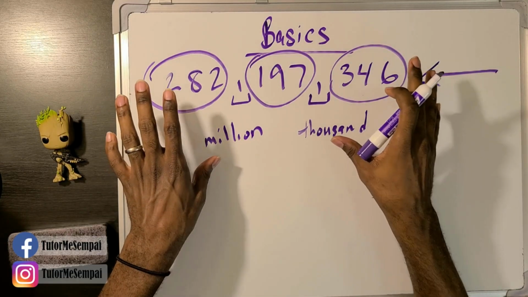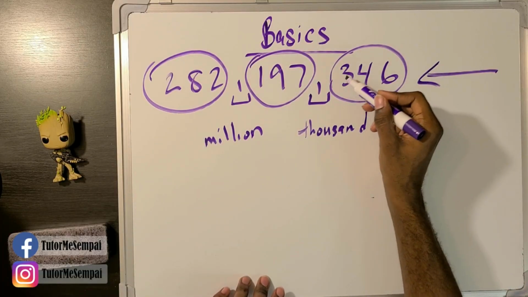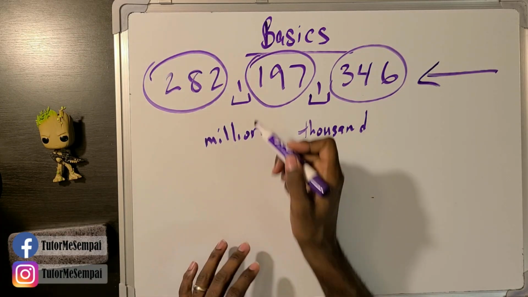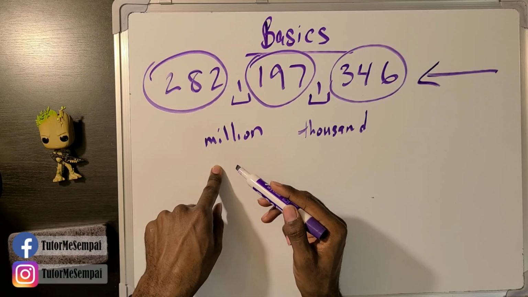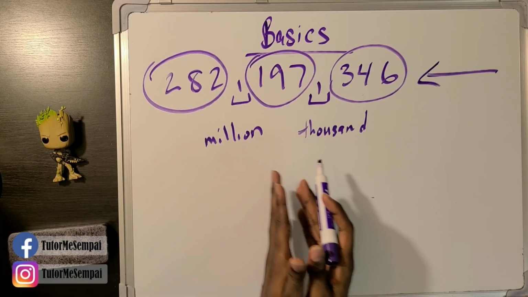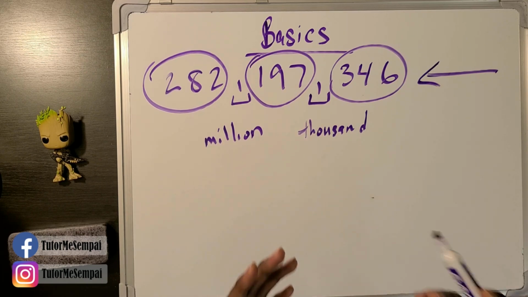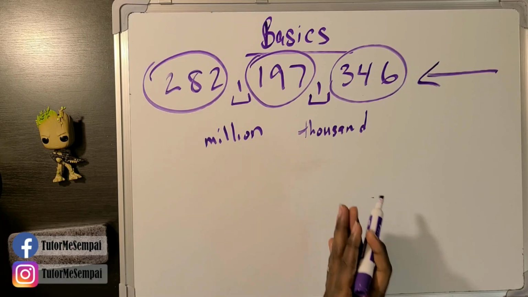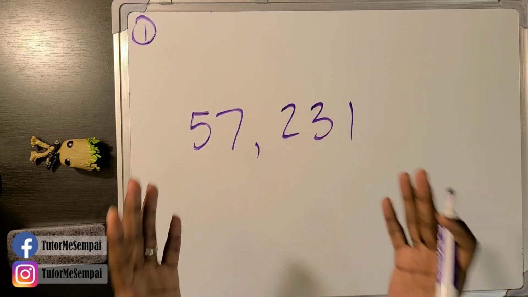And now you have to also identify your groups of threes, and you're going to call them out as you see them. And every time you get to a comma, you're going to say the comma's name, and then you keep going until the very end of your number. So let's see this play out with a smaller example before we get into this bigger one here. In our first example, we have a number this big.